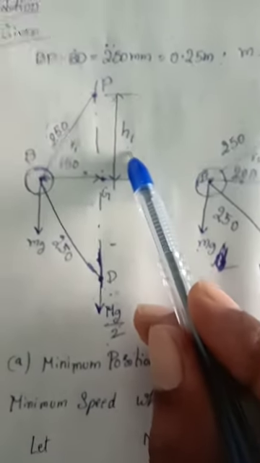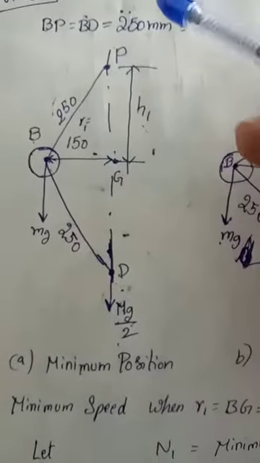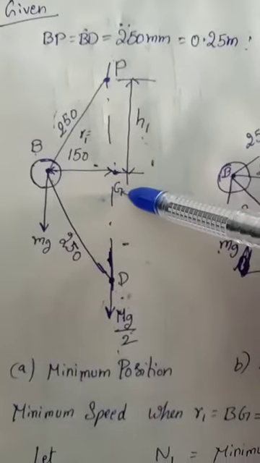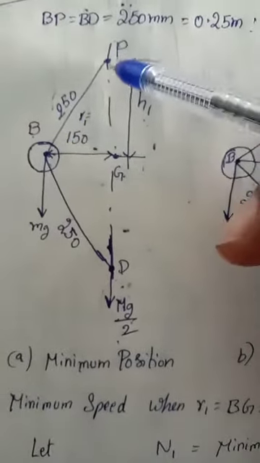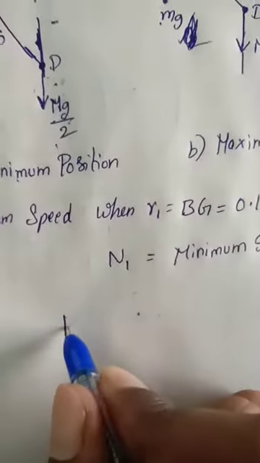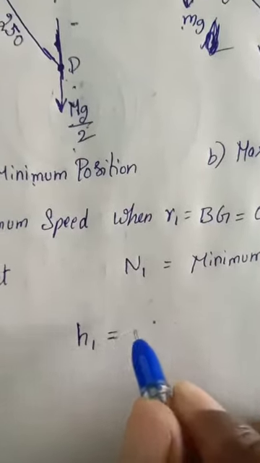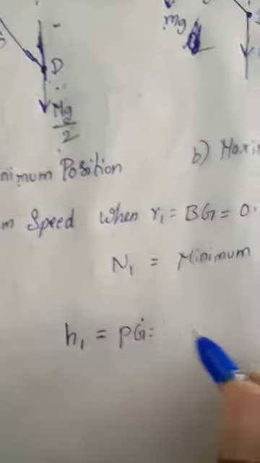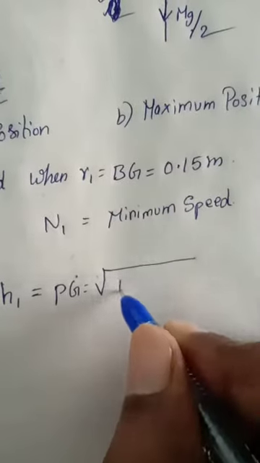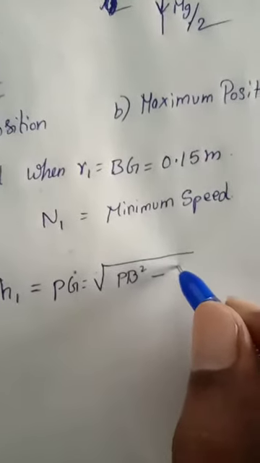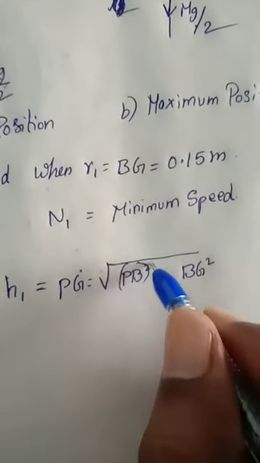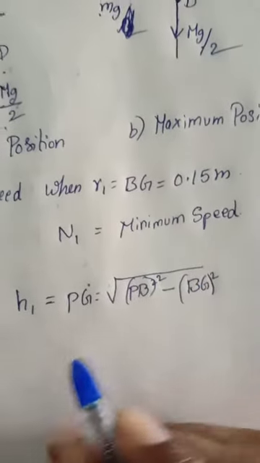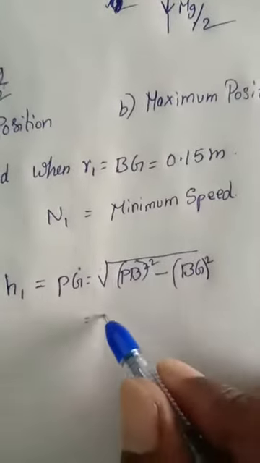We find that height h1 is equal to, look at this, PG square is equal to PB square minus BG square. Taking this triangle, h1 is equal to PG, that is equal to the whole root of PB square minus BG square. Now substitute the values.